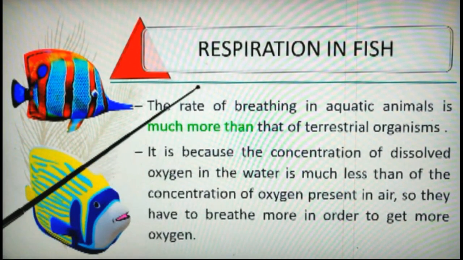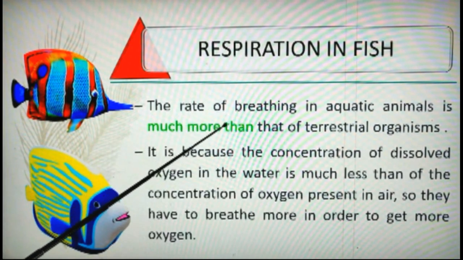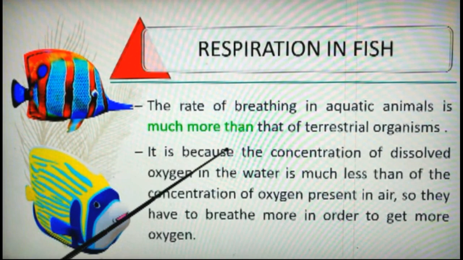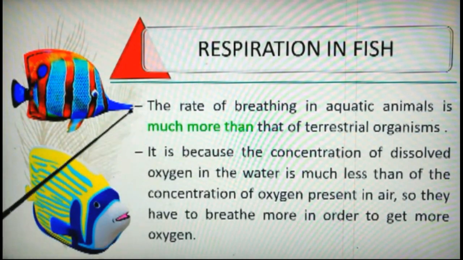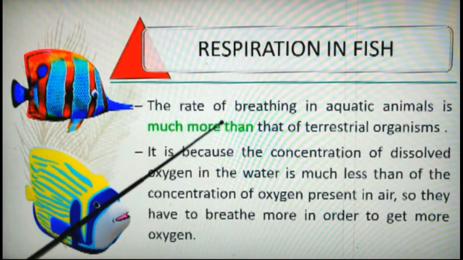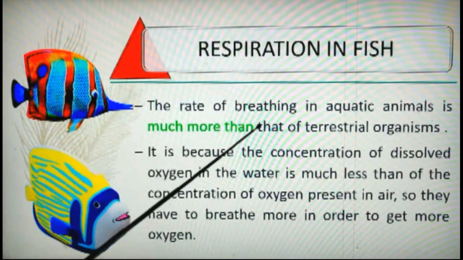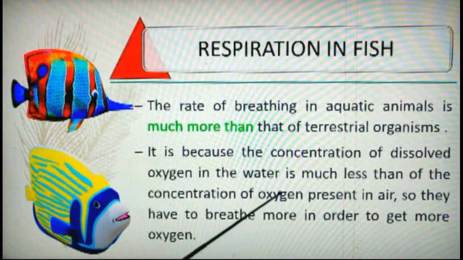So aquatic organisms need to breathe faster, or their breathing rate is much higher than the breathing rate of terrestrial organisms. So hope it is clear. They have to breathe more in order to get more oxygen.